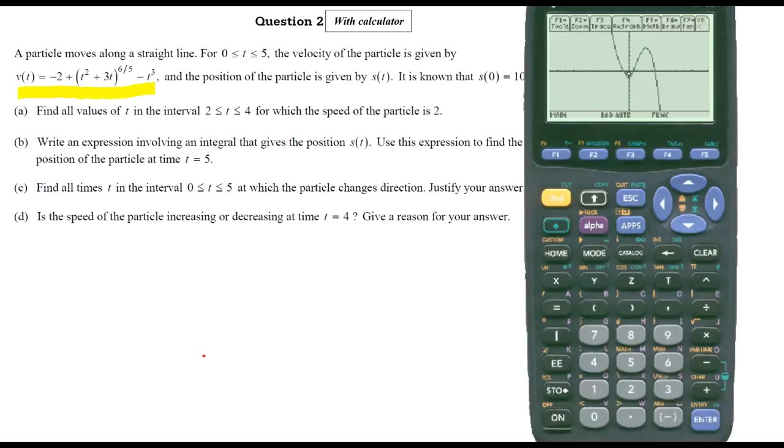So in the interval from 0 to 5, you can see that our y coordinate looks like it's going to go down to infinity here. So we really only need this section of the graph captured. So you might say, well, this window is perfectly fine, or you might want to zoom into a smaller window. That would be your choice.